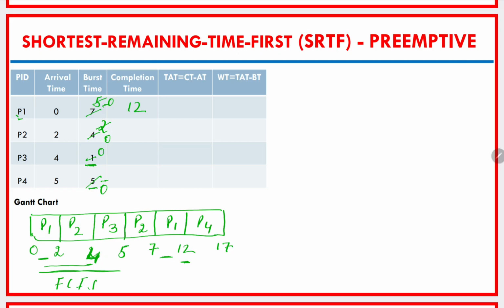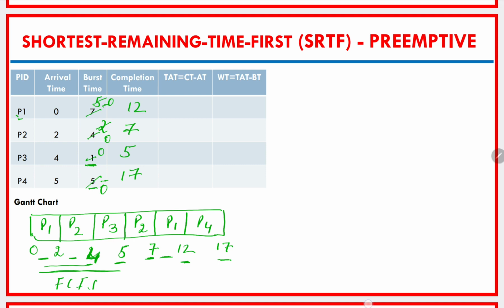The completion time of P2, again P2 came twice for execution, is 7. The completion time of P3 is 5. The completion time of P4, if you see over here, is 17.